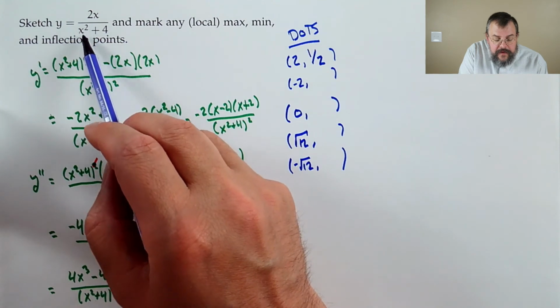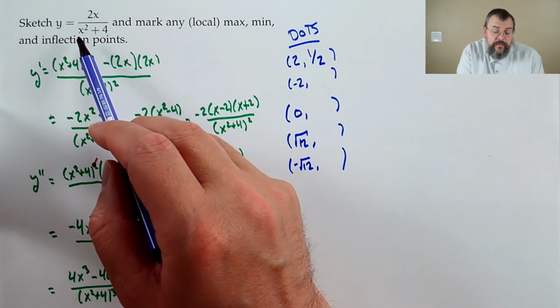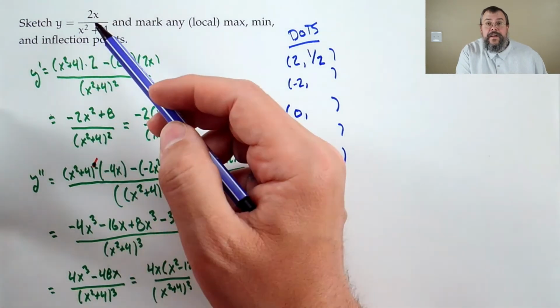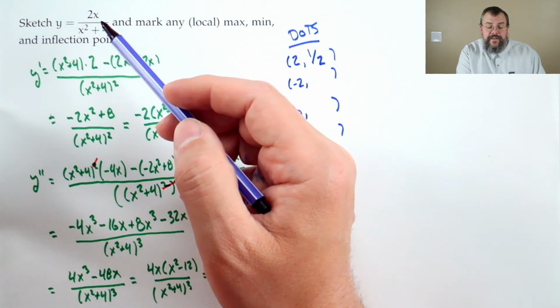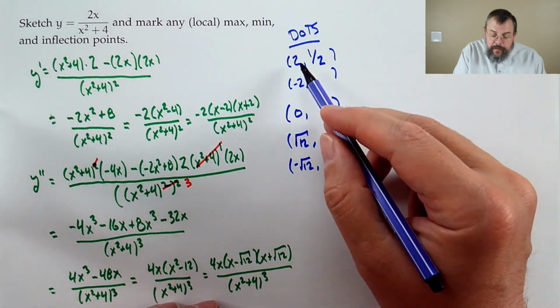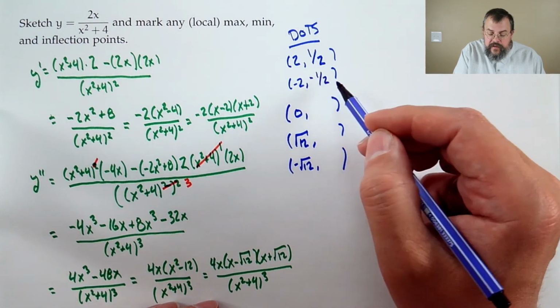If I plug a negative into a square, it doesn't matter whether it was negative or positive before. It's still the same outcome. But upstairs, if I plug a negative in, I flip the sign. So the net result is plugging in a negative is exactly the opposite sign of plugging in the positive. That's what it means to be an odd function. Since I know what happens at positive 2, at negative 2, something similar, just opposite sign.